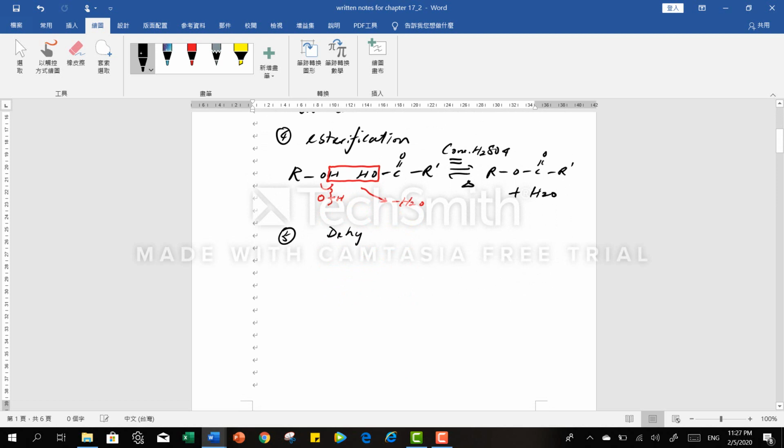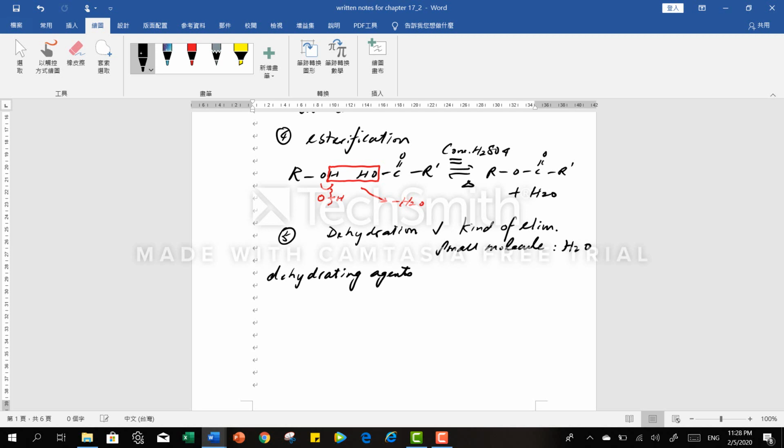Now, we have already covered these four reactions, and today we will talk about another one, that is dehydration, right? Dehydration, as the name goes, is a kind of elimination reaction. It's just the small molecule, instead of HCl like last chapter, this time is H2O. And of course, in order to perform dehydration, we need some dehydrating agents.